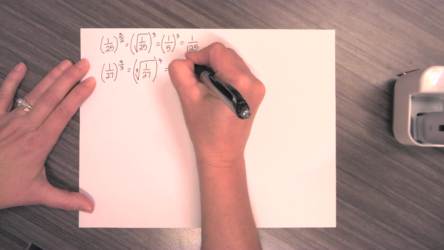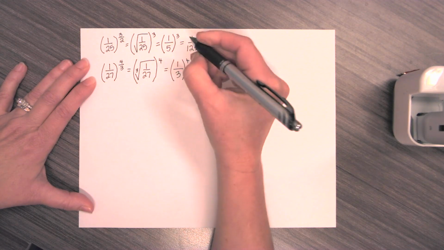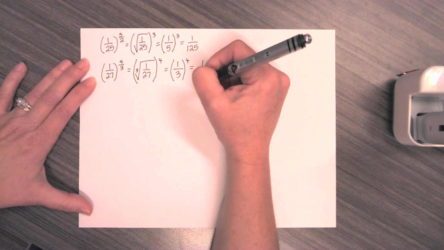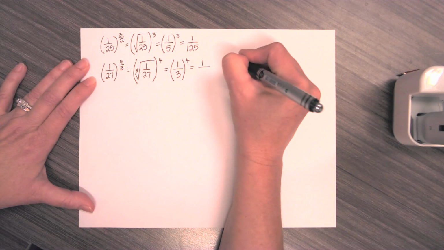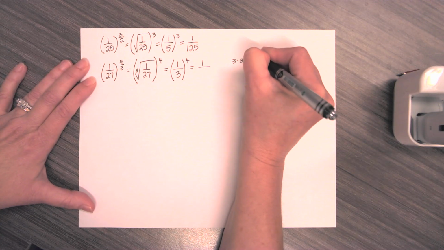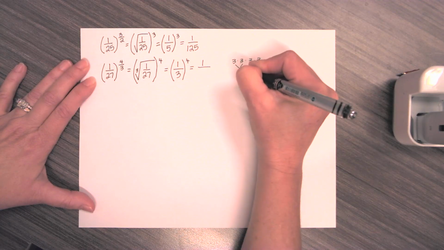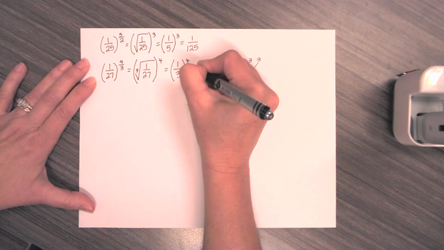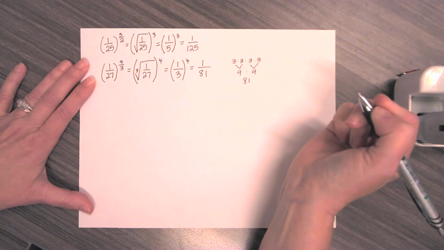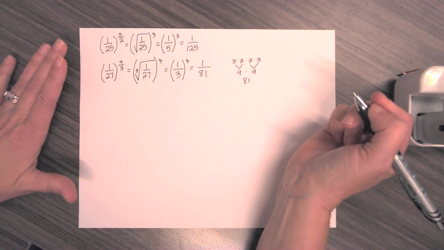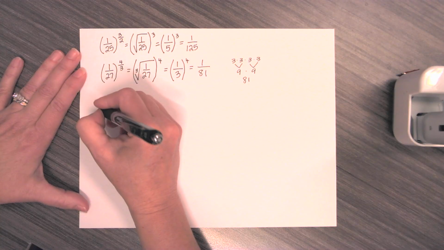And now we're going to raise that to the 4th power. So we're going to have 1 to the 4th power is 1. And 3 to the 4th power, if you don't remember, we did this, but we'll do it again. 9 times 9. So 3 to the 4th power is 81. So our answer there is 1/81.